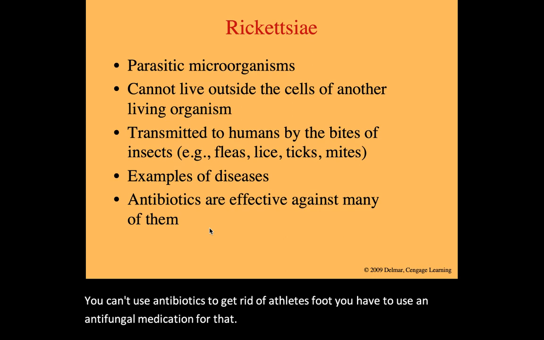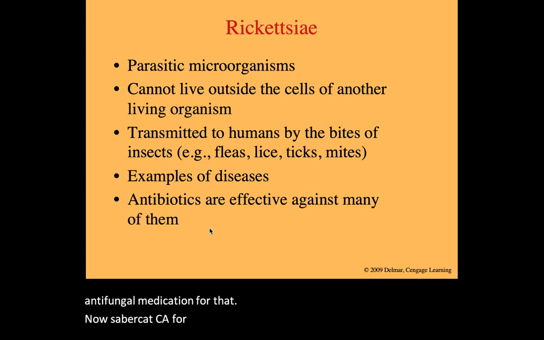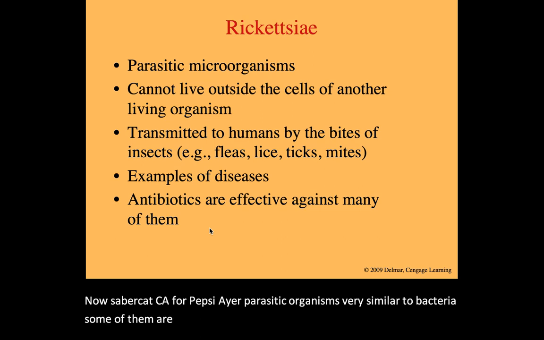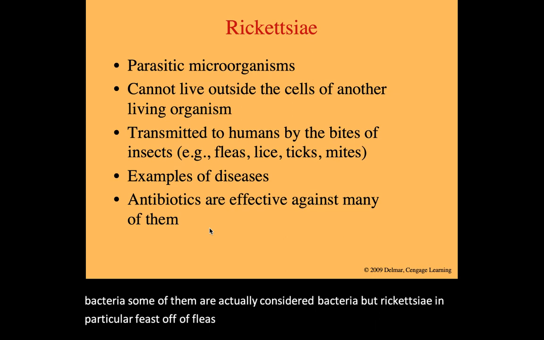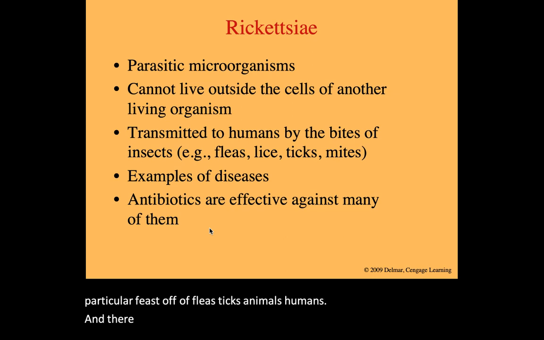Next, we have Rickettsia. Rickettsia are parasitic organisms, very similar to bacteria. Some of them are actually considered bacteria, but Rickettsia in particular feast off of fleas, ticks, animals, humans, and they're transferred to humans through fleas, ticks, mites, lice, and generally they're not spread human to human.